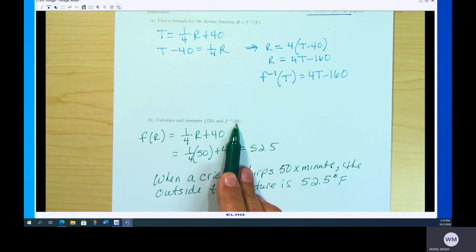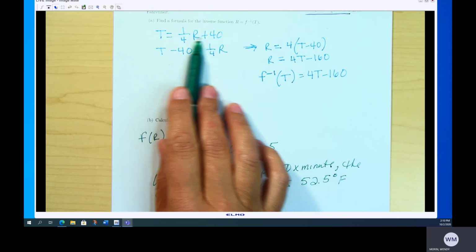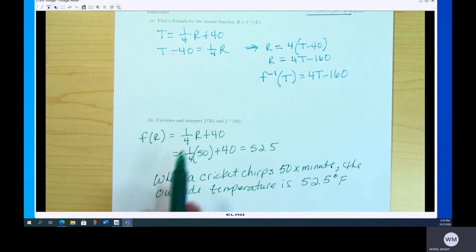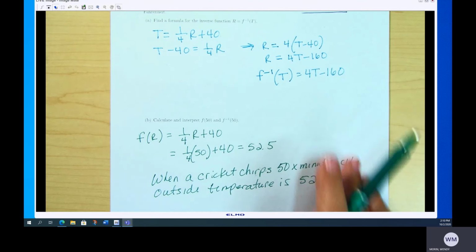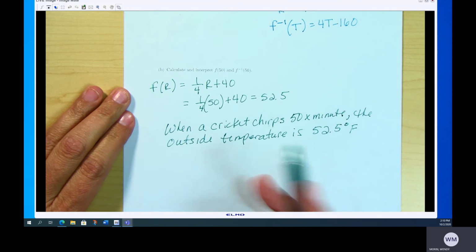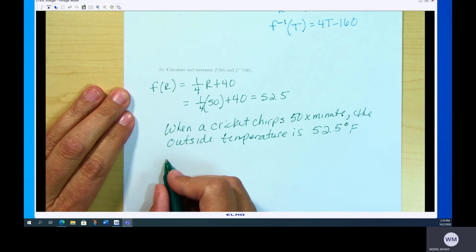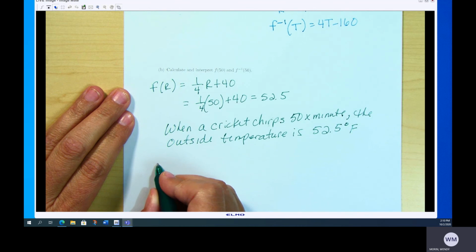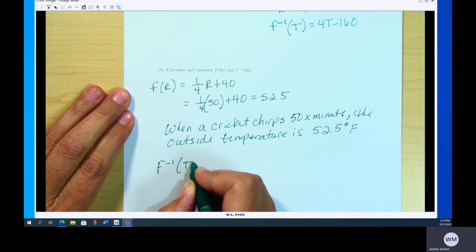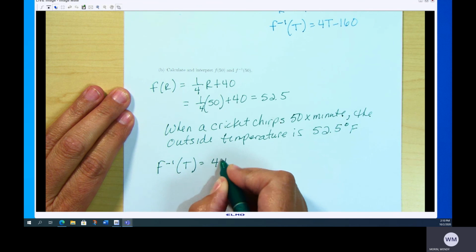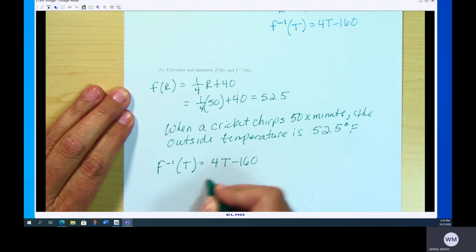Well, it's the T. So if you use this equation, you'd get the right answer. But since we already have this solved for T, we can use that one. So inverse of T equals 4T minus 160.